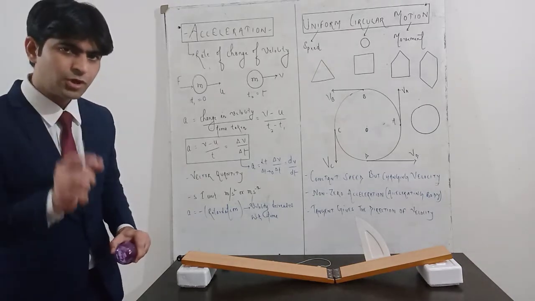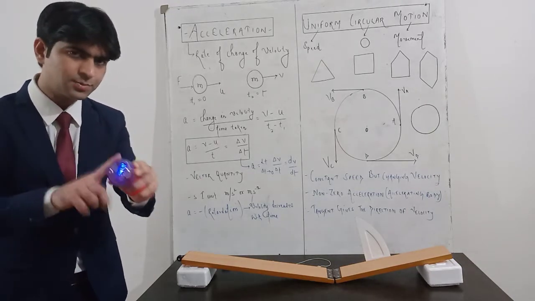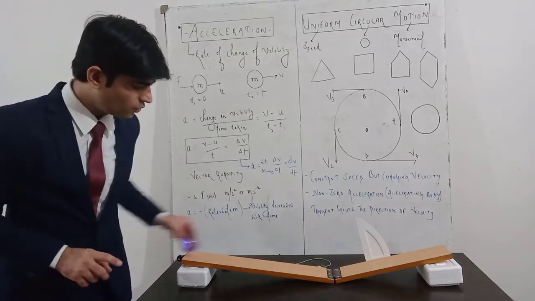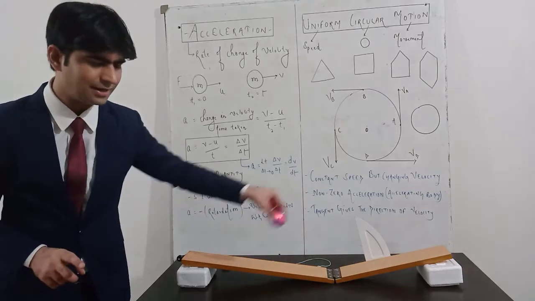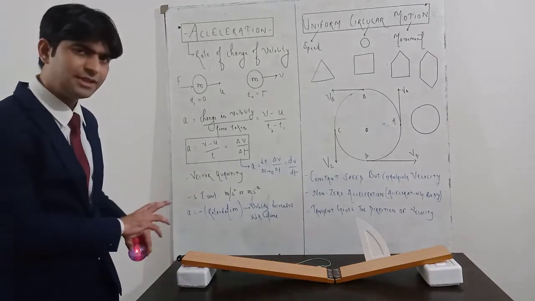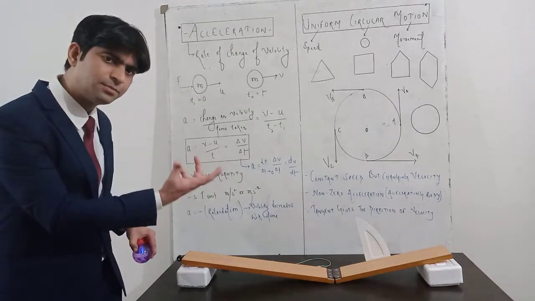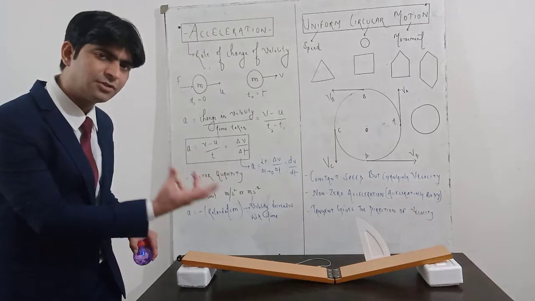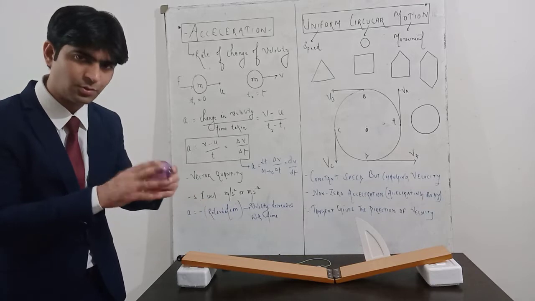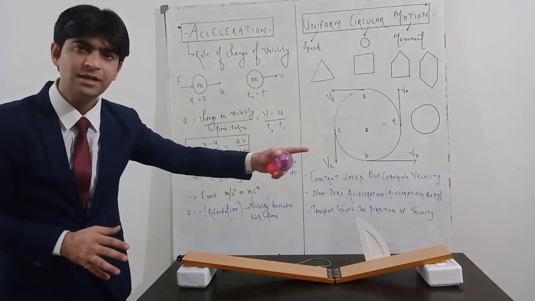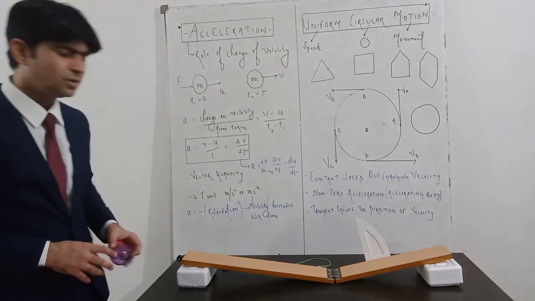So what I'm going to do, I'm going to roll this ball from one inclination. Both the planes are inclined at both the sides, and we will see what the change in velocity or change in the speed or change in the position takes place when I roll this ball from one end to the other end. Okay, so let me start from this side.